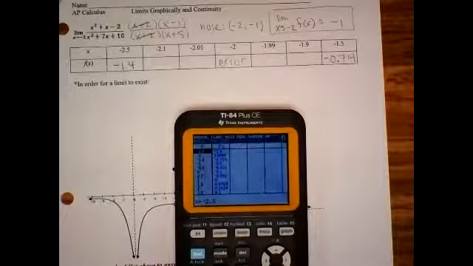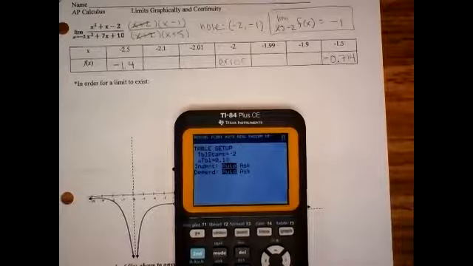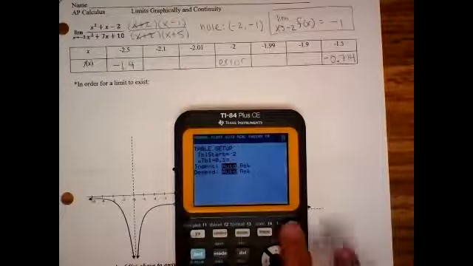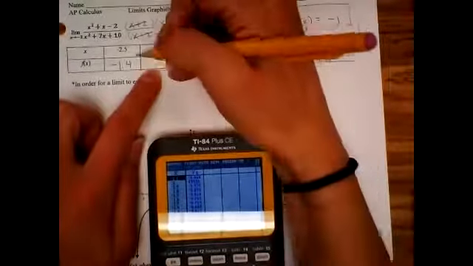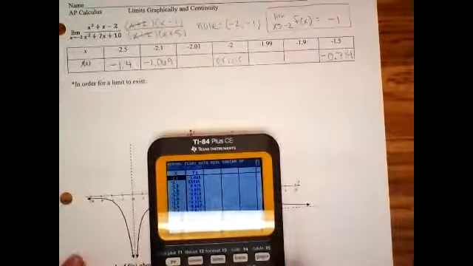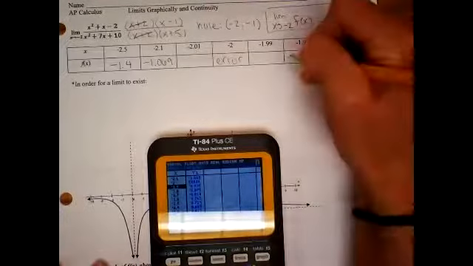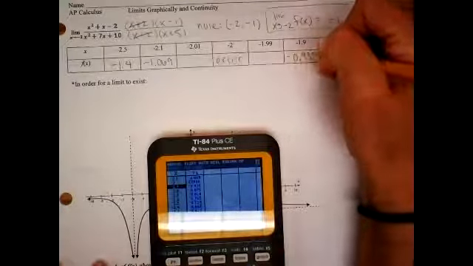And now we're going to zoom in further. It's like a microscope and you just keep zooming in. So I'm going to go back to the table set. And now I'm going to change it by 0.1. I'm going to count by a tenth and go back to the table. So -2.1, I've got -1.069. And then on this side for the -1.9, we've got -0.935.